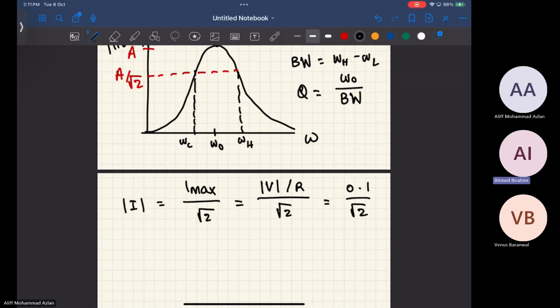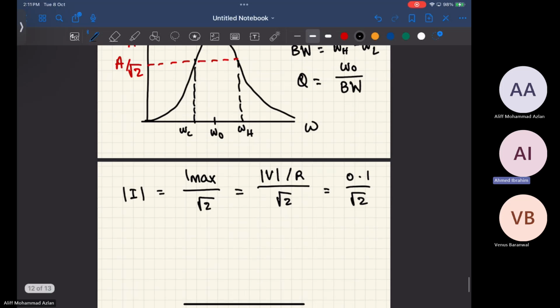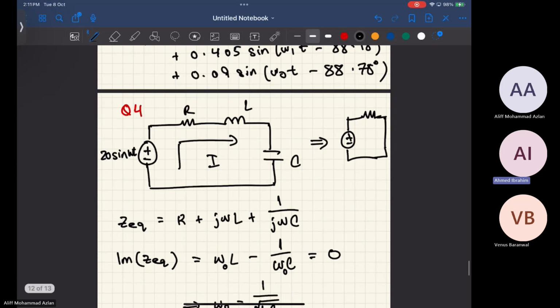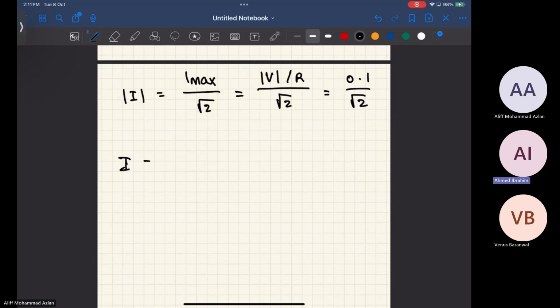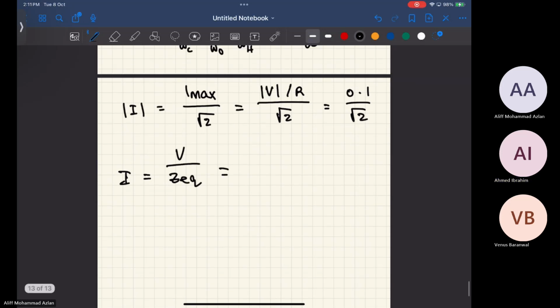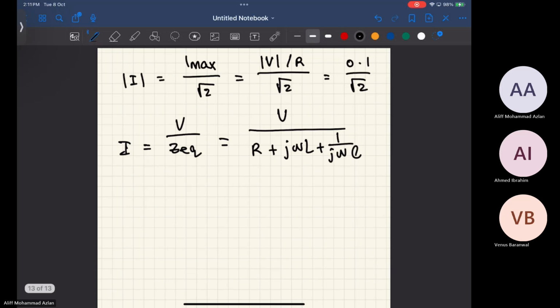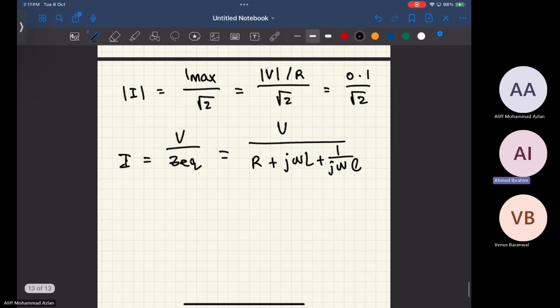Now we just find an expression for that current. In this case, it's just a simple voltage divided by impedance. So I is V over Z equivalent, which is R plus j omega L plus 1 on j omega C. Now that's just I as a complex number or as a phasor. We want just the magnitude.